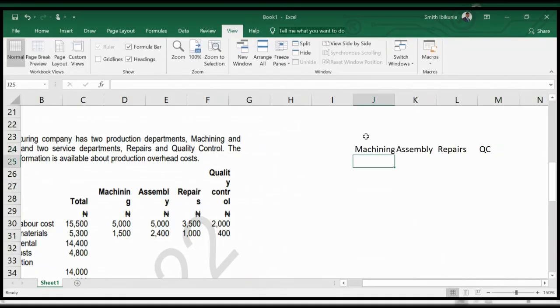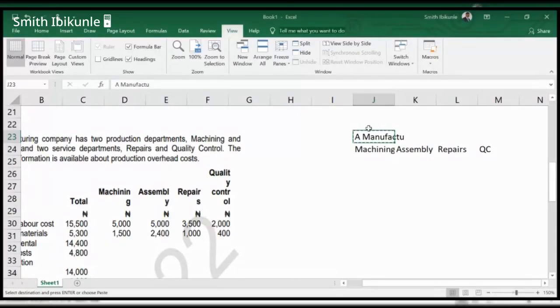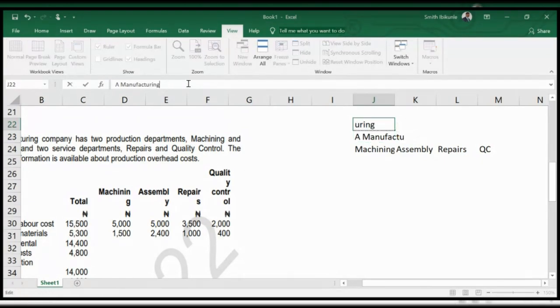At the top, you write the name of the company. This company does not have a name, so you just say a manufacturing company.